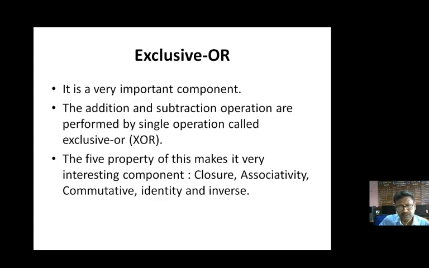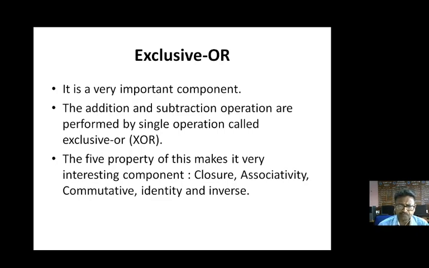For example, X exclusive OR (Y exclusive OR Z) is equal to (X exclusive OR Y) exclusive OR Z. Similarly, it also holds the commutative property, that is X exclusive OR Y is equal to Y exclusive OR X.